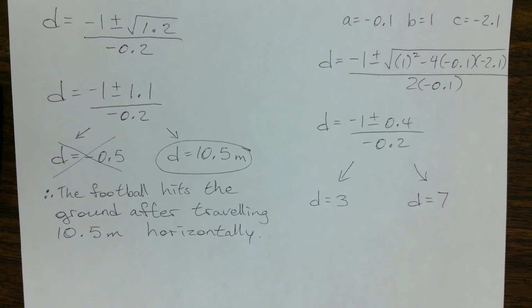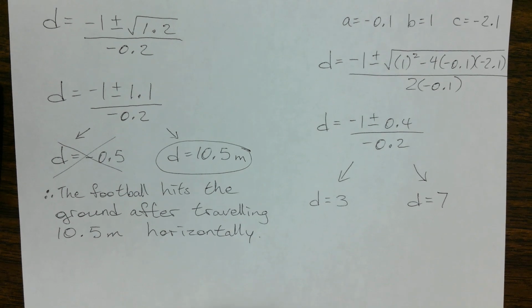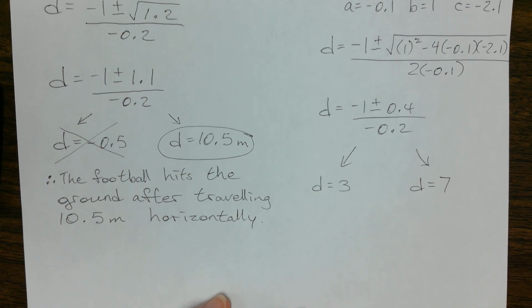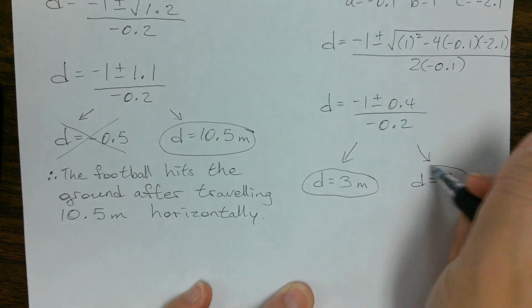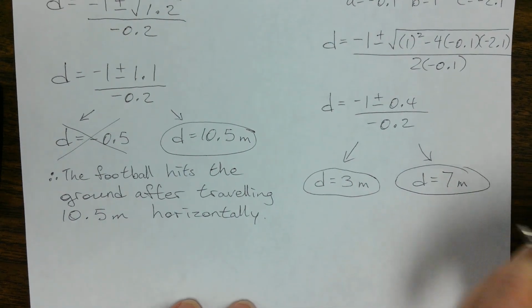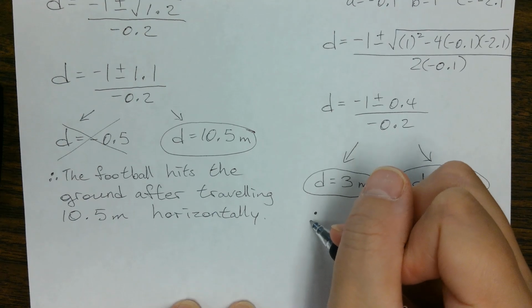All right. So here I got 2 positive answers. Am I rejecting any of these or am I taking both? Both. Yeah. Okay. Don't forget your units. What would my therefore statement be then for this case?